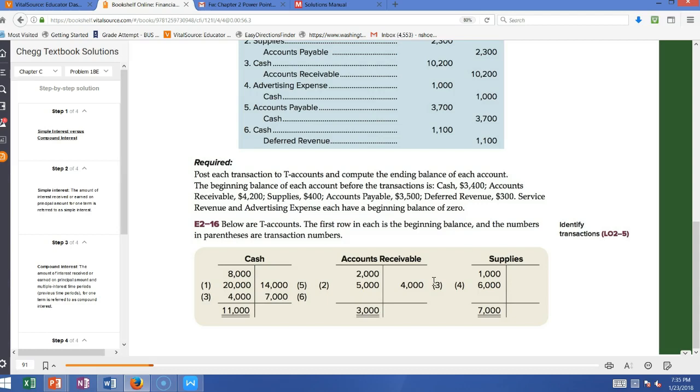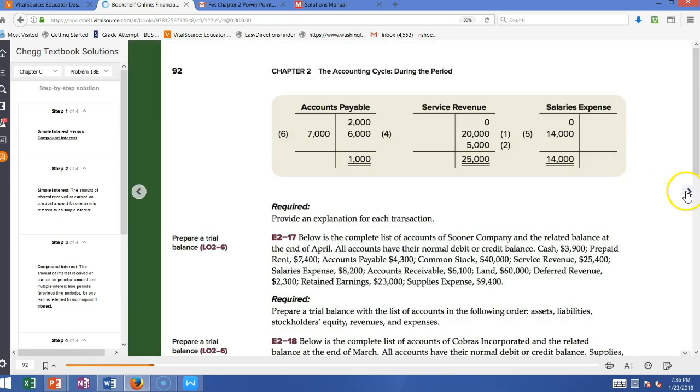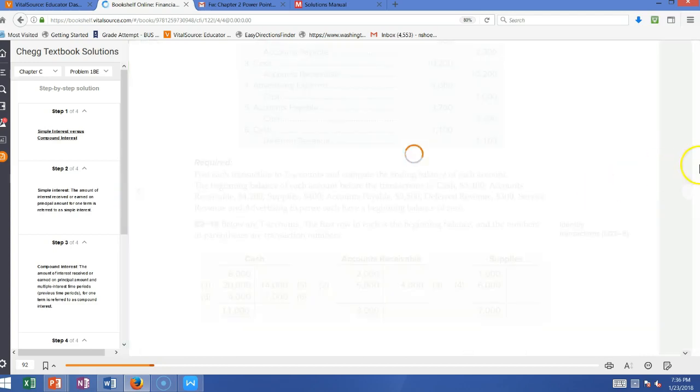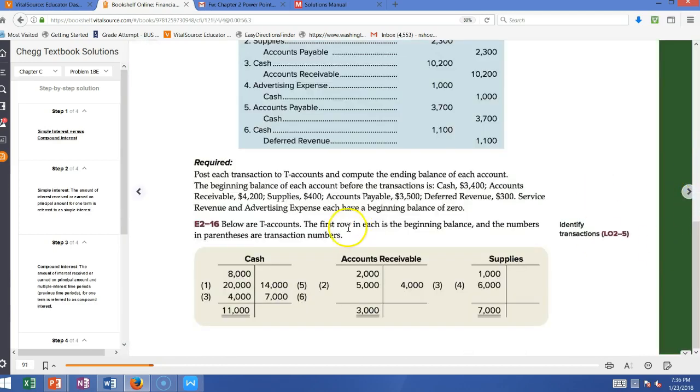Make sense, guys? Number 4, I see a debit to supplies of $6,000, a credit to accounts payable for $6,000. What happened? Bought supplies on account. Number 5, a debit to salaries expense for $14,000, a credit to cash for $14,000.